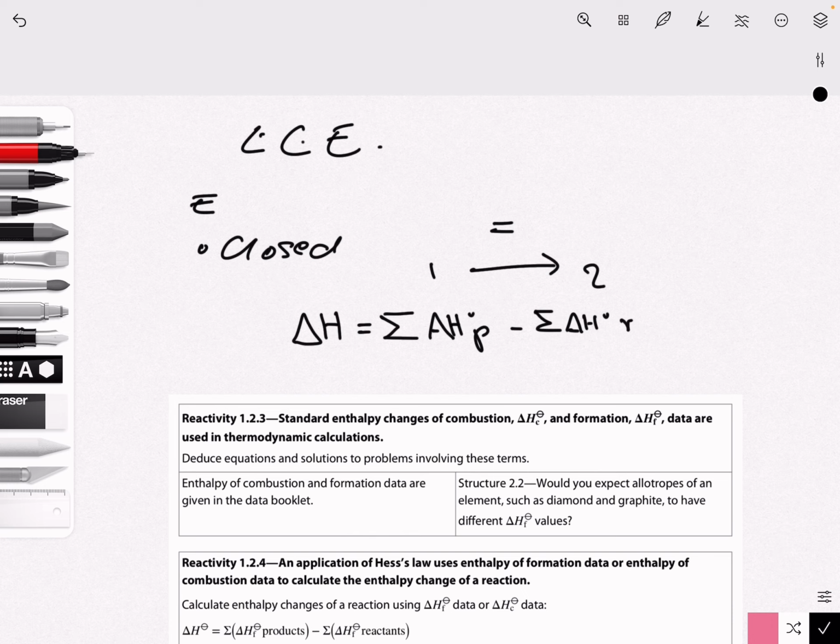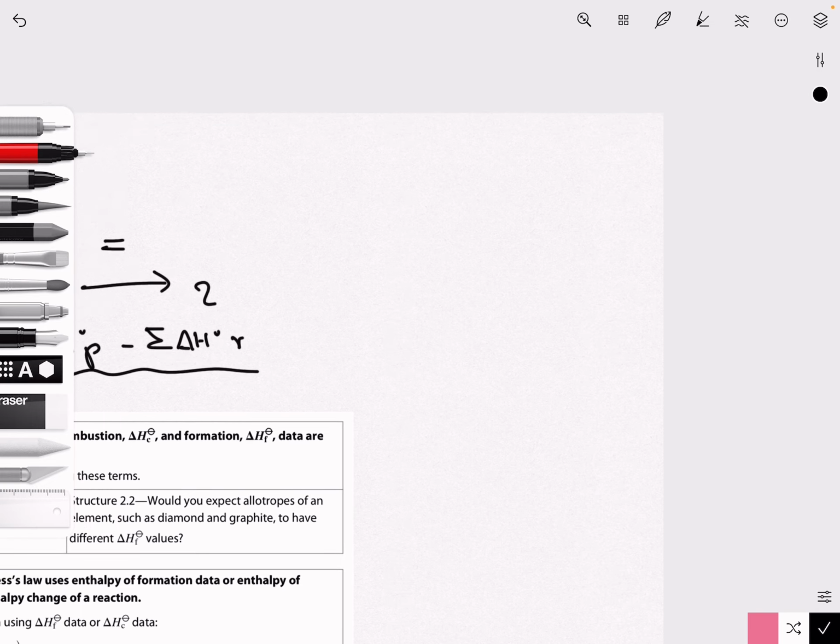So in reality, when we see this, it looks quite simple, but this can get quite complicated in our energy cycles. So let's start with the standard enthalpy change of formation.